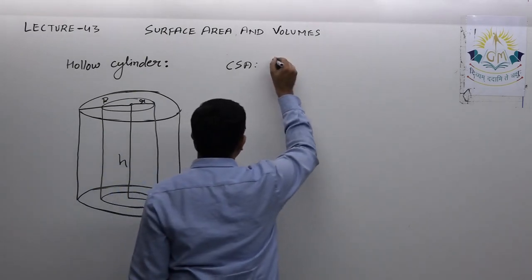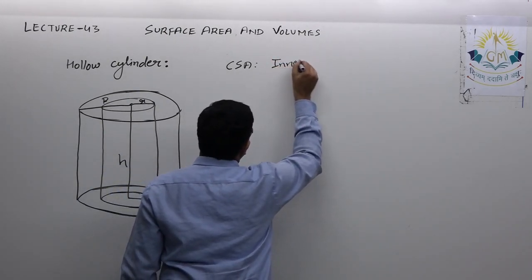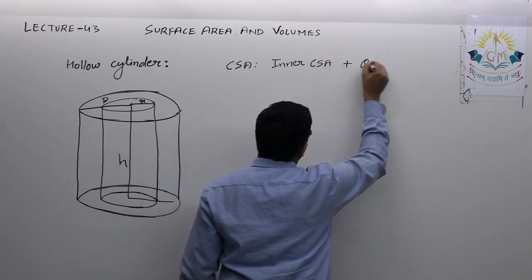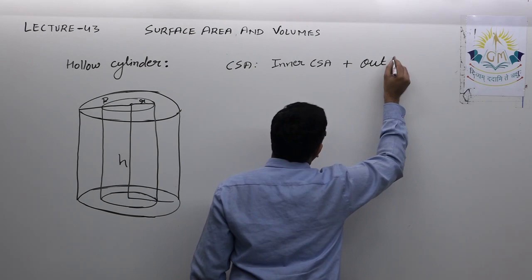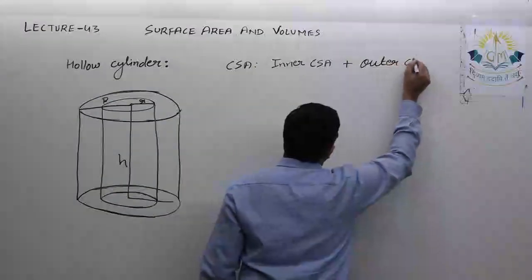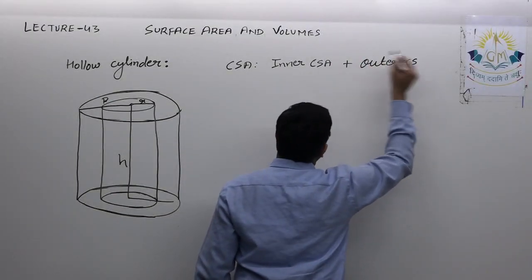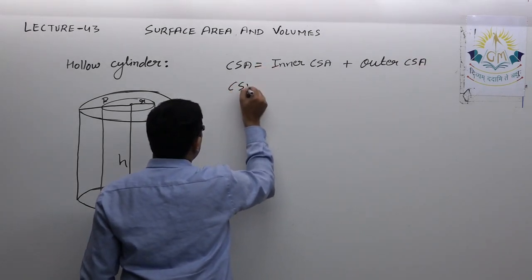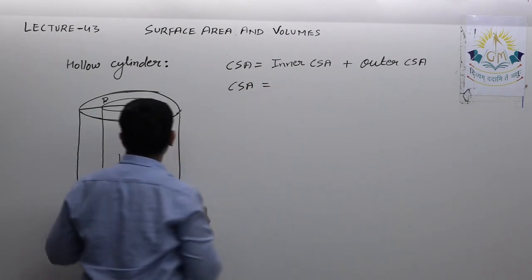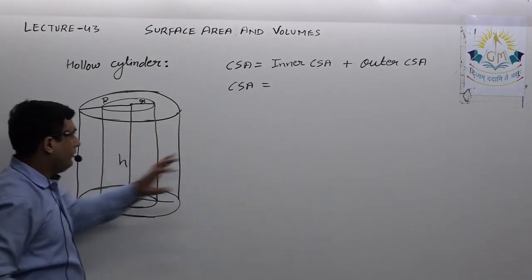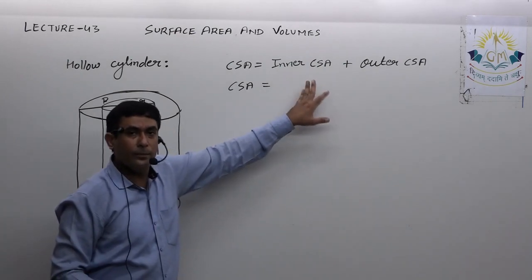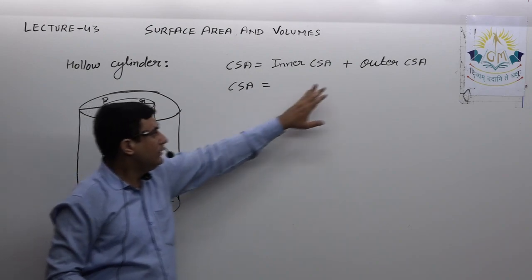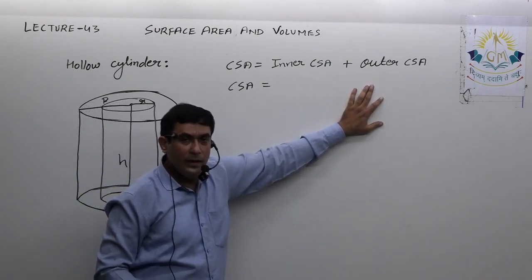So here CSA is equal to inner CSA plus outer CSA, or internal or external. See, the formula of curved surface area remains the same. When I say inner curved surface area, I use the inner radius or smaller radius. When I say outer CSA, then I will use the external radius.